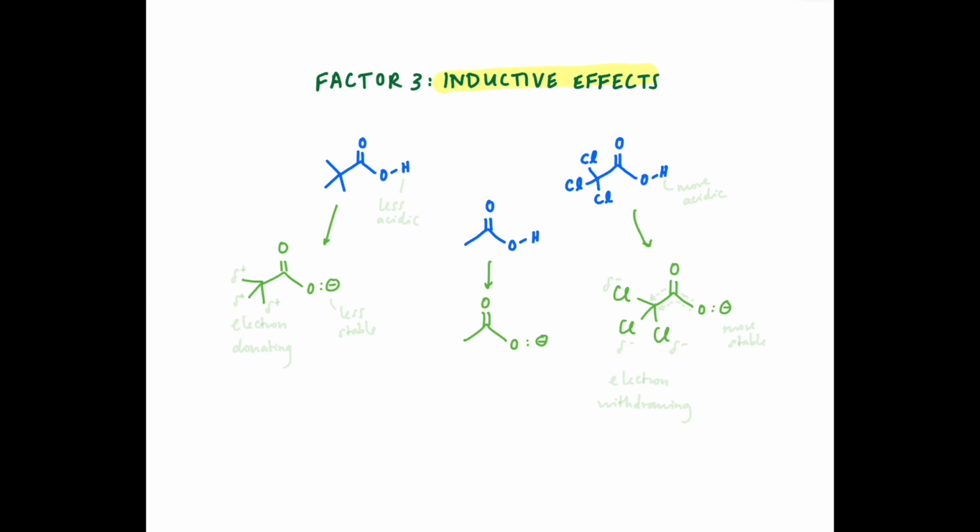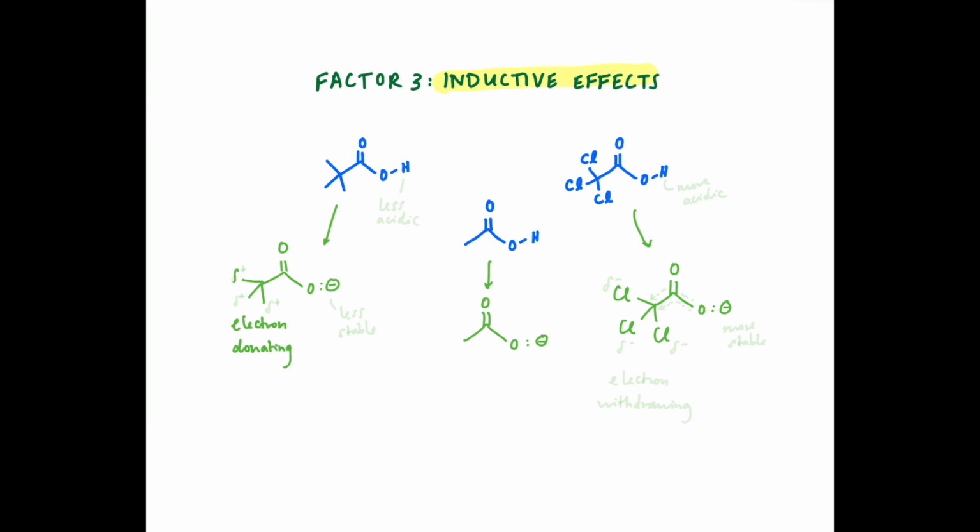So when we talk about inductive effects, let's think about how the electron density throughout the molecule is distributed. Are there any groups that will donate electron density or withdraw that electron density? In this case, with the alkyl groups, these are electron donating.